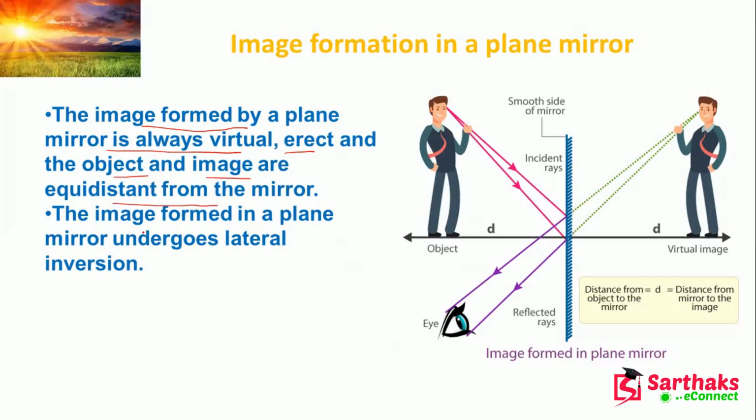The image formed in a plane mirror undergoes lateral inversion. Right? Whenever you are seeing yourself in the mirror, your left hand is related to the right hand in the image. So that is called the lateral inversion.